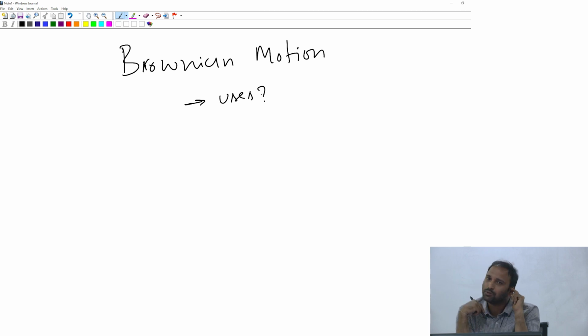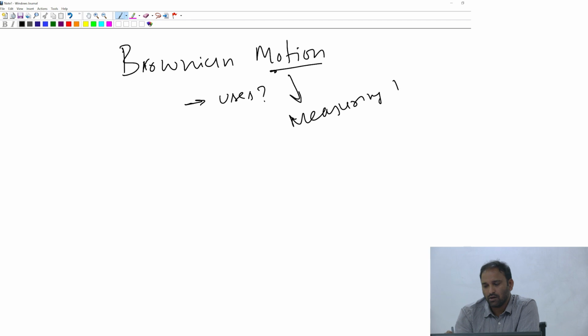Has anyone read a little bit about Brownian motion? You read it at some point for sure, in your +2 or maybe before that. It turns out that the concept of Brownian motion was really useful. You can use it for measuring particle size, number one.